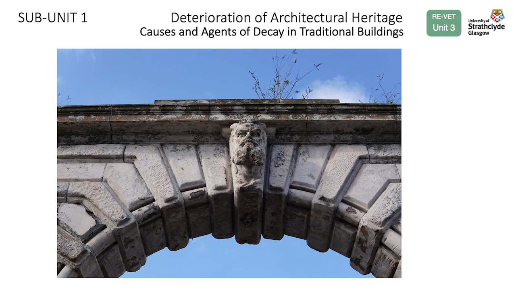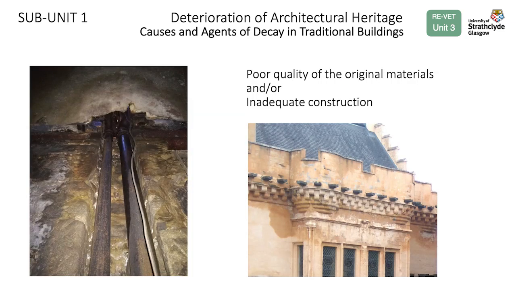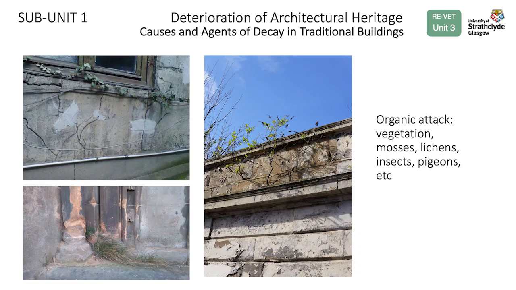Humans also introduce environmental changes, vandalize buildings, and provoke intentional or accidental fires. The poor quality of the original material and inadequate original construction also influence the deterioration of buildings, as well as organic attack: vegetation, mosses, lichens, insects, pigeons.